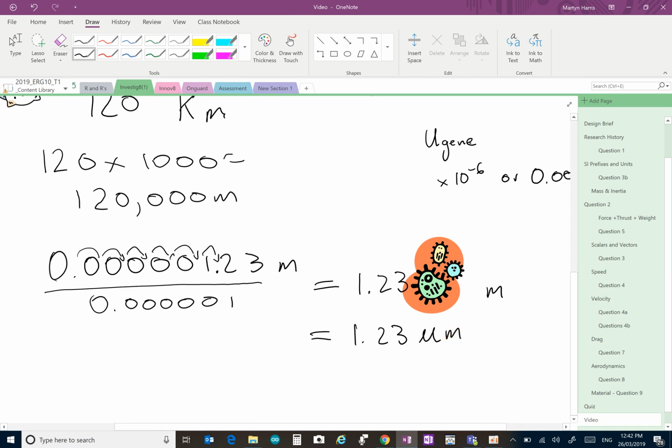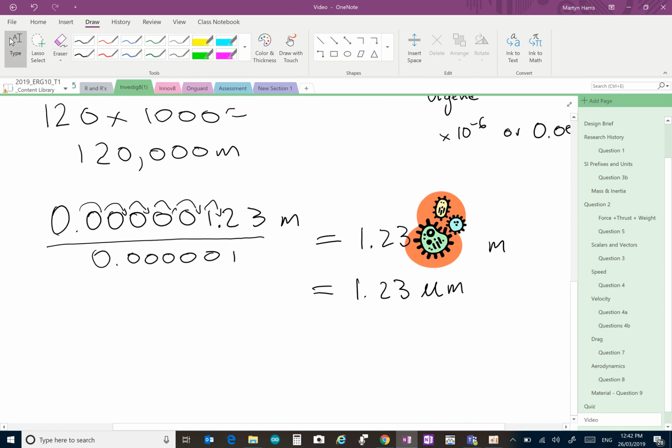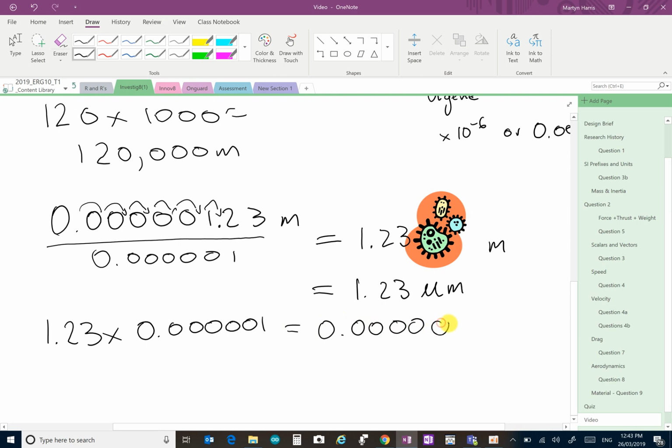Now, if I want to get rid of a Eugene, I have to times by a Eugene. So if I had 1.23 times 0.000001, I'm going to get my original number 0.00000123 meters.